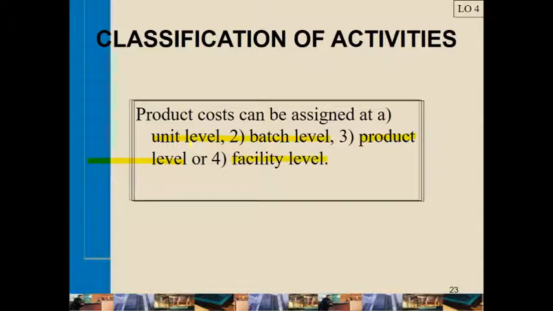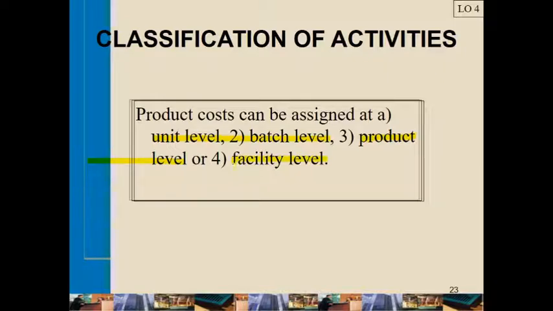And activities within these 3 levels can further be subdivided on the basis of consumption levels. However, on your fourth level, the facility level, this is where the problem comes in for ABC, because in ABC you cannot trace it directly to the product.